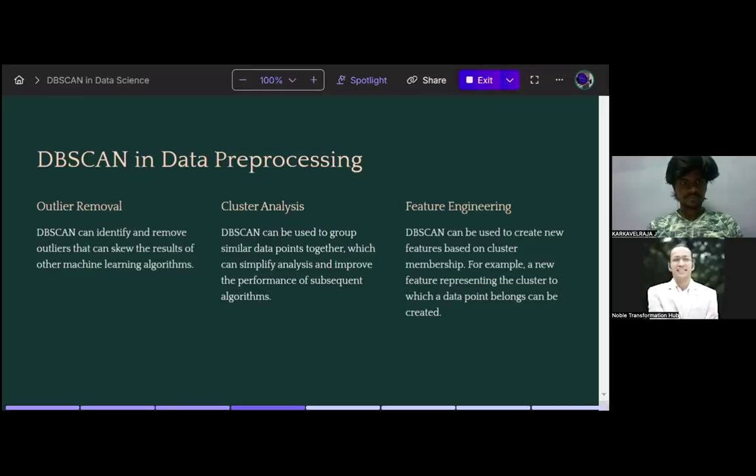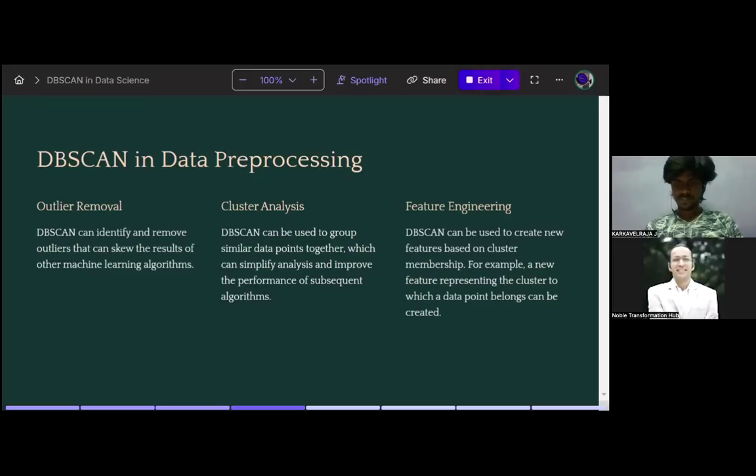DBSCAN can identify and remove outliers that can skew the results of other machine learning algorithms. What is skew, guys? Can you write in the comment section? Skewness can be positive skew or negative skew. I'll give you an idea, just write in the comment section.